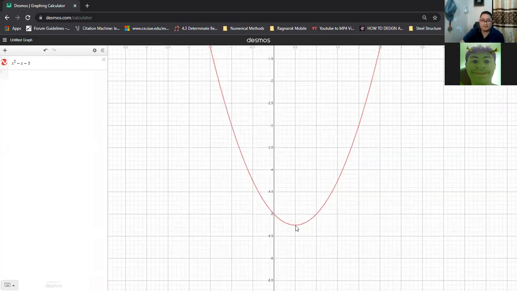Opening dito sa vertex natin na yan, 0.5 tsaka negative 5.25. And then yung point na dito tayo maglalagay ng line, no? So pinapahanap yung slope natin dito sa point na to.